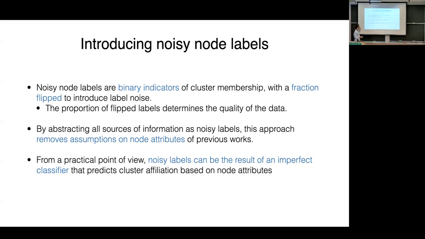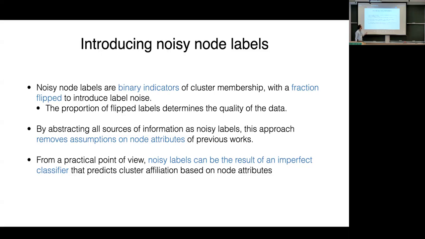It's because previous works that also try to incorporate this extra source of information, if no abstraction is made on those node features, have to introduce extra assumptions on how this data is distributed if we're talking about some recovery guarantees. And this is our way to avoid that, because if we abstract all these sources of information as noisy labels, we remove all the assumptions about the data distribution over the node attributes.